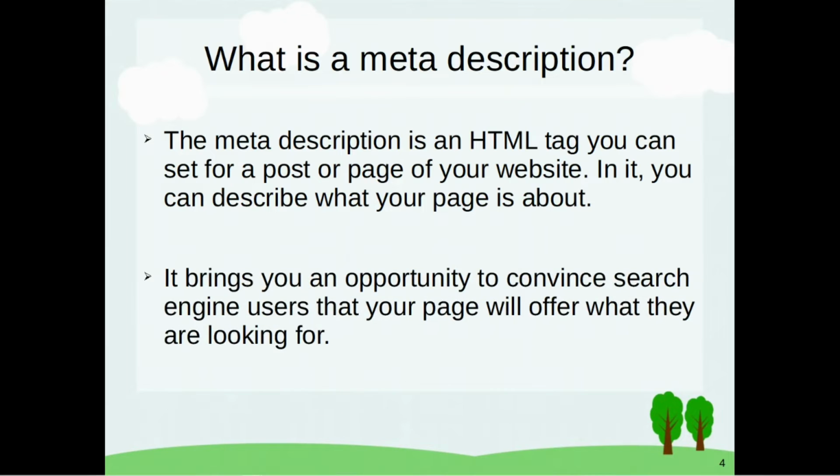The next point is, the meta description gives you an opportunity to convince search engine users that your page will offer what they are looking for. It means that suppose you are a searcher looking for some particular kind of business or products in the search engine.